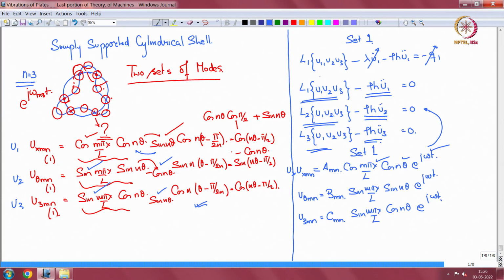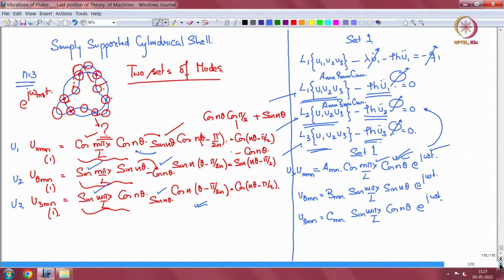Because it is coupled, everywhere there will be A mn, B mn and C mn. And because these are mode shapes, they exactly satisfy each equation, so they will fall out as a product. They will separate out so that we can remove them. So the differential equation becomes algebraic, that is the idea.